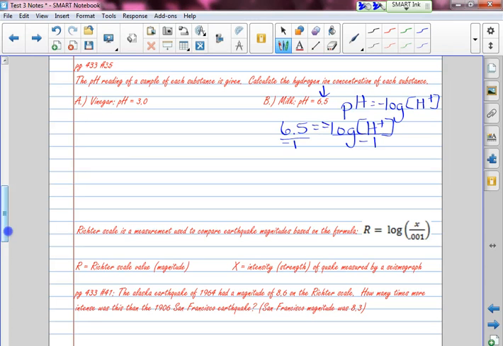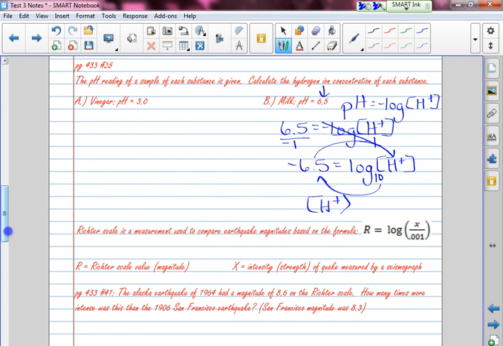And the good thing is these are solved the same way every time. The log is not canceled out, just the negative. So negative 6.5 equals log of H plus. Now you're trying to solve a logarithmic equation, and there's not a log on both sides, so you have to turn it into an exponential. The understood base for a log, if it's not written, is 10. So you have 10 to the negative 6.5 power equals the hydrogen ion concentration.